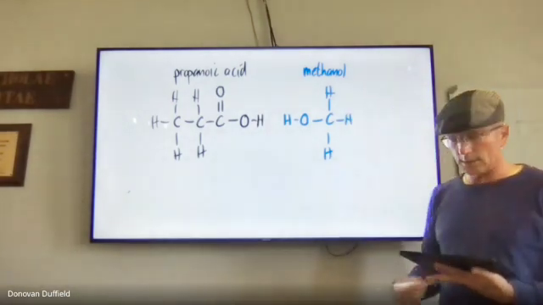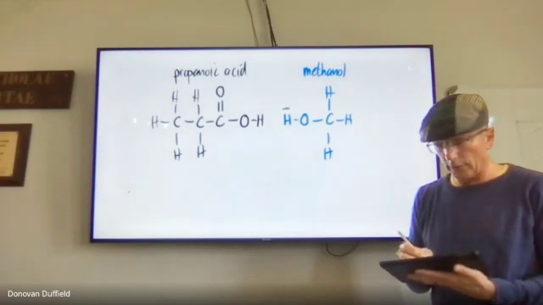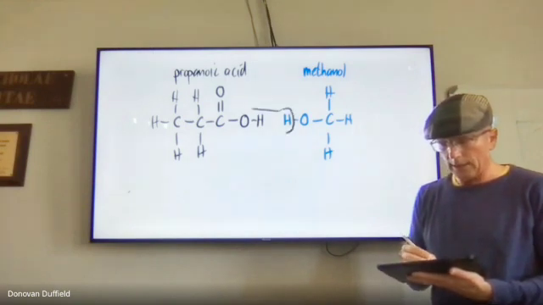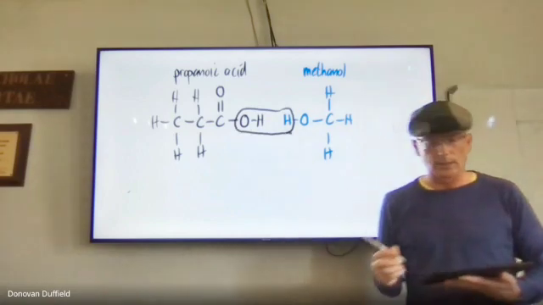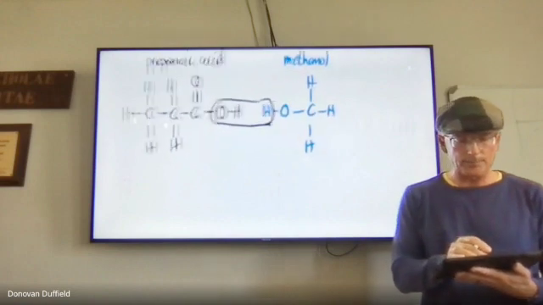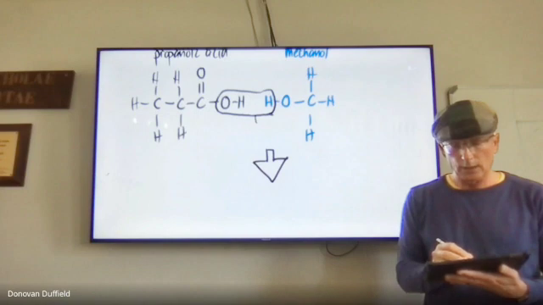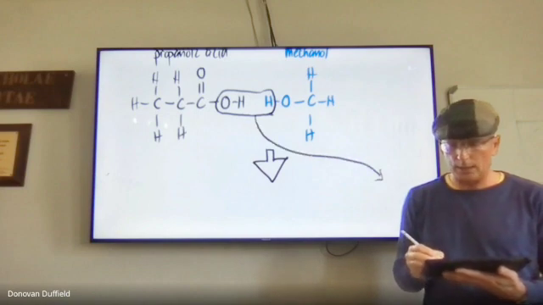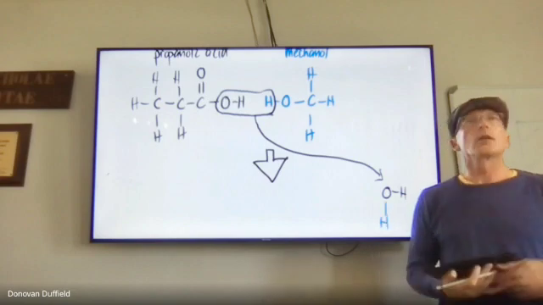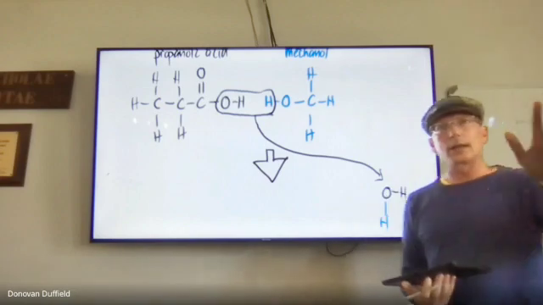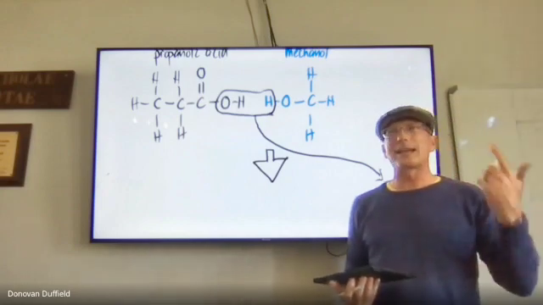So what happens is the following. This hydrogen here from the alcohol and this OH from the propanoic acid get eliminated. So if we look at this reaction, we get water that comes out, so it's OH, H. If you go to university and study chemical reactions on second year level, you'll deal with what they call mechanisms.